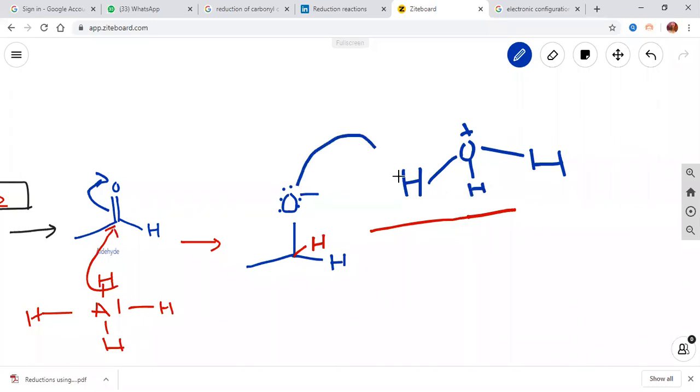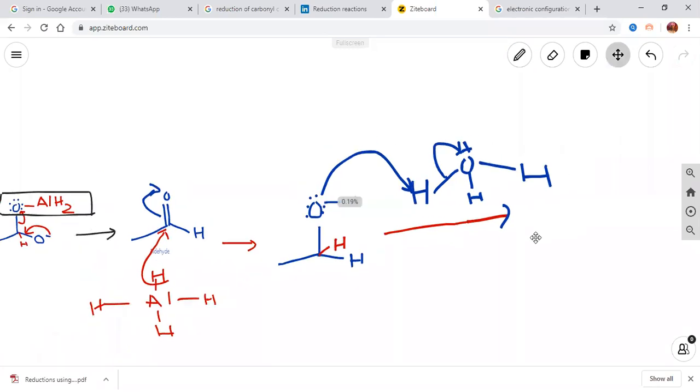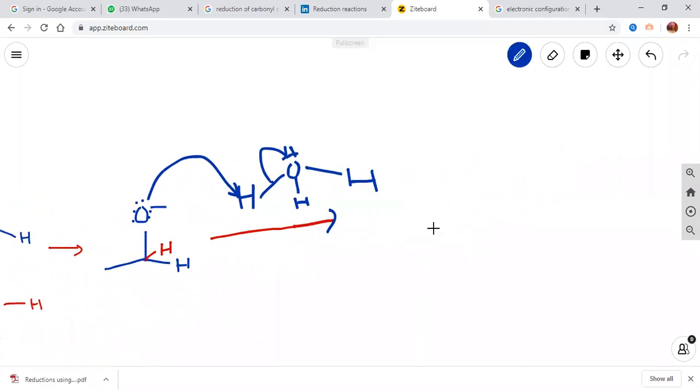So this oxygen will abstract this hydrogen, this bond collapses to oxygen to form a water molecule, and it will form our product, with OH and OH, the primary alcohol right here.